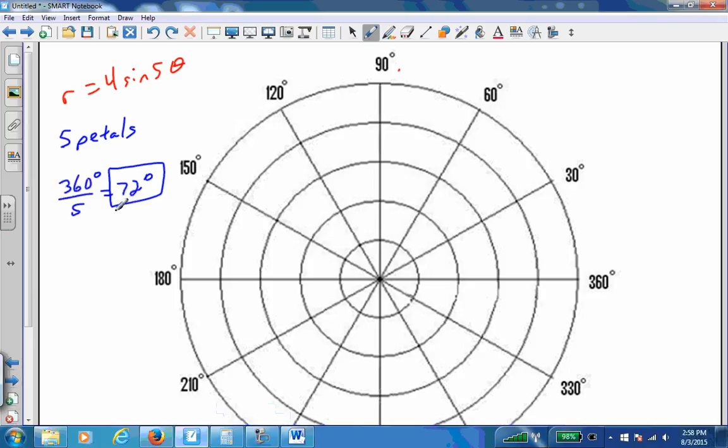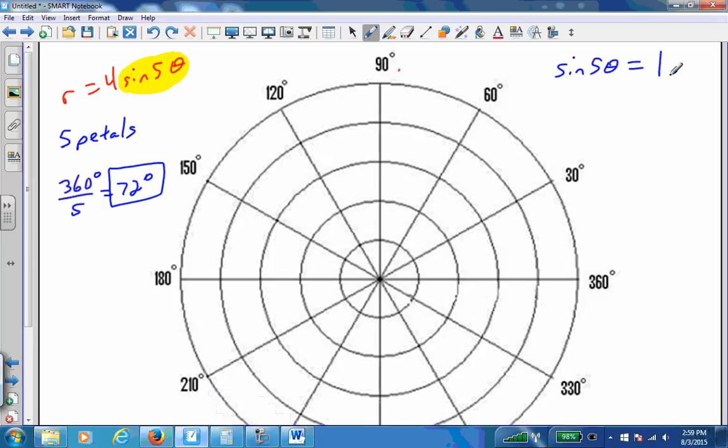So we need to find in what direction is our first petal. So in order for us to get a tip, that's going to be at our largest radius. So that's at whatever is the largest value for sine. What's the largest sine ever gets? 1. So we want to find out at what theta is sine of 5 theta going to be 1.